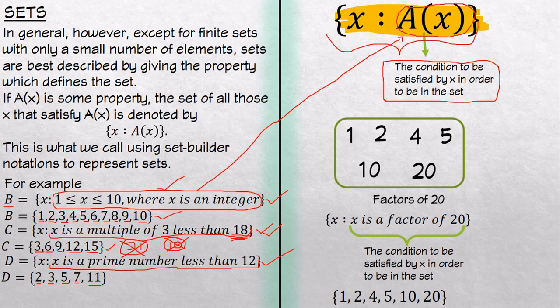All these numbers are prime numbers, and again they are less than 12. If you are a prime number and you are not less than 12, like the number 17, you cannot be in this set. And if you are a number less than 12 and you are not a prime number, for instance 8, then you can also not be in our set.